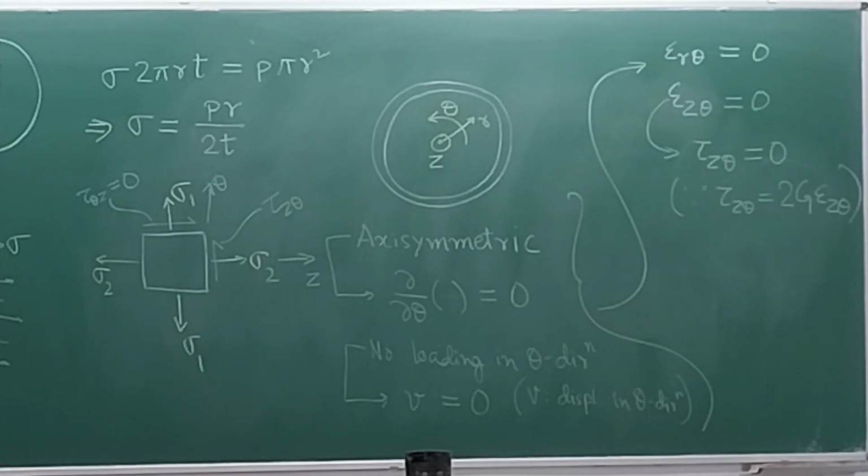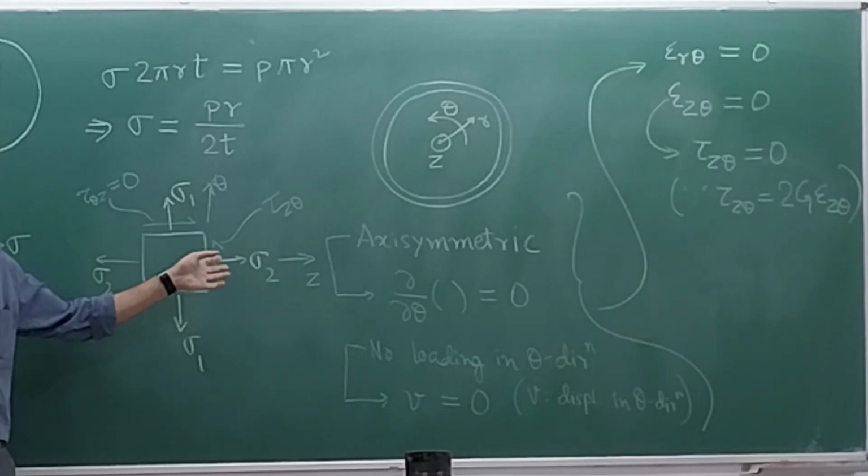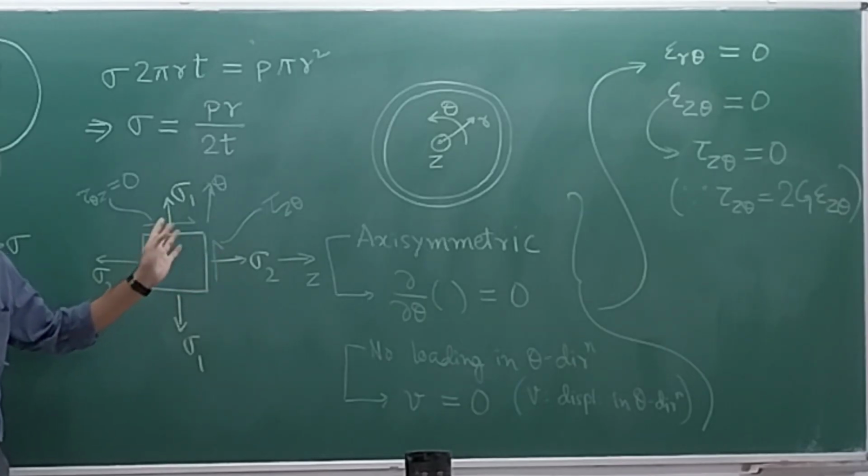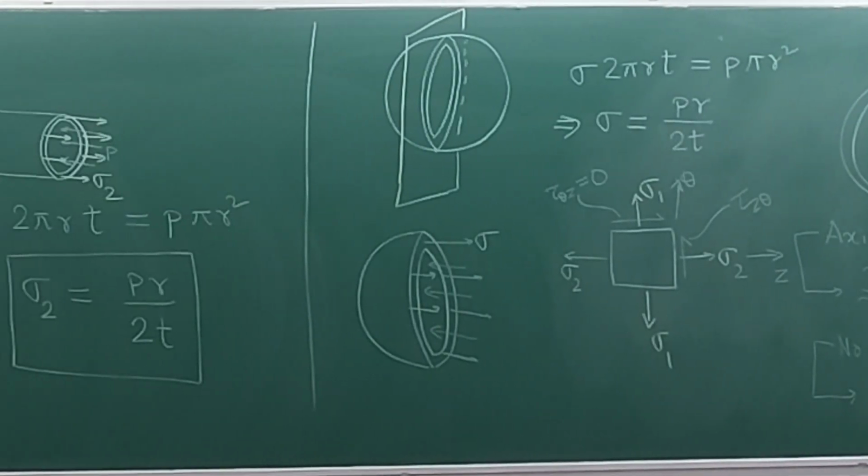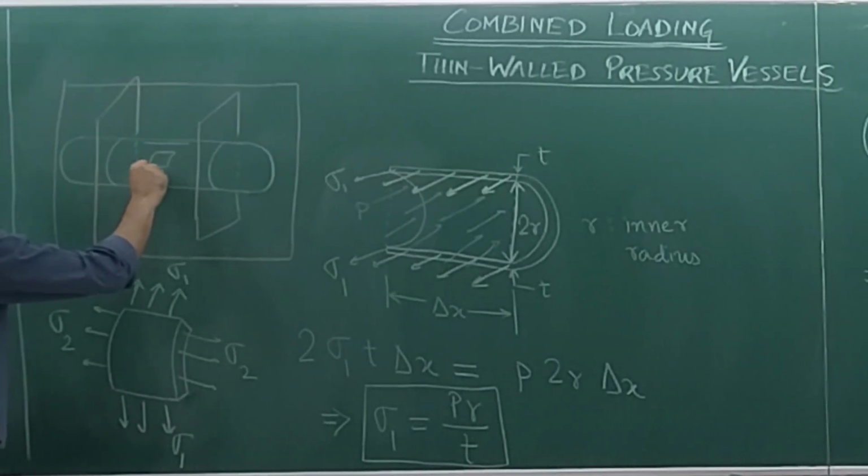Now the most natural question that should come to your mind is, we have chosen to draw our stress element in this fashion, where the edges are oriented along the z and theta. But suppose we chose our stress element not like this, but in an oblique way. Then will there be shear stress?